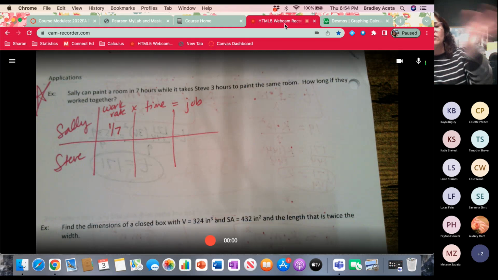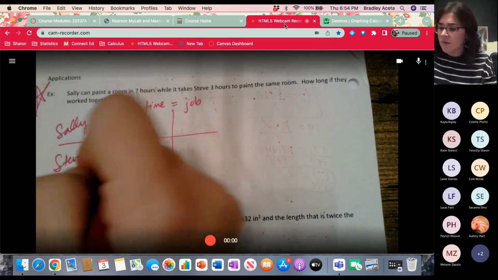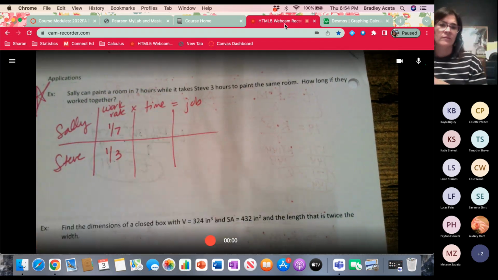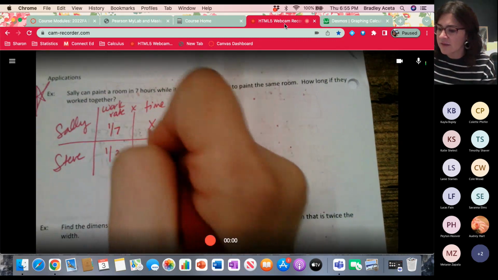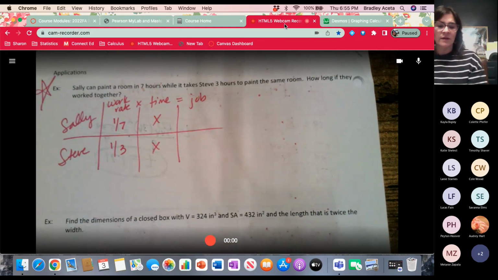Steve can do it in 3 hours, so then his work rate is 1/3. Okay. Well, if they join forces and they decide to paint the room together, we're going to find out how long it would take. So that time-wise would be the same amount of time because they're joining together to paint the room. So we're going to call this X and X.